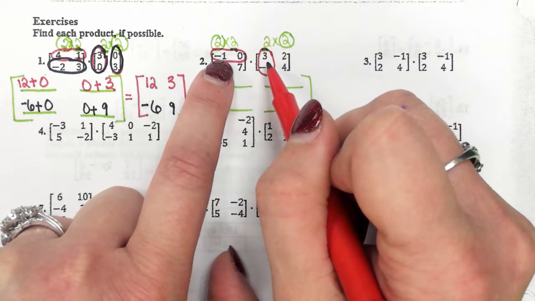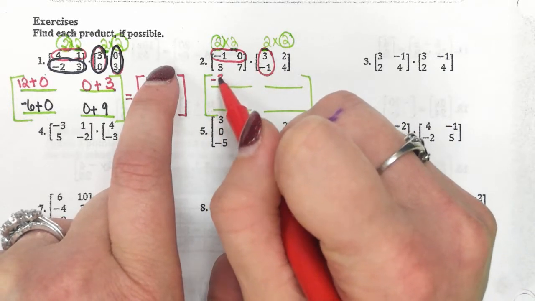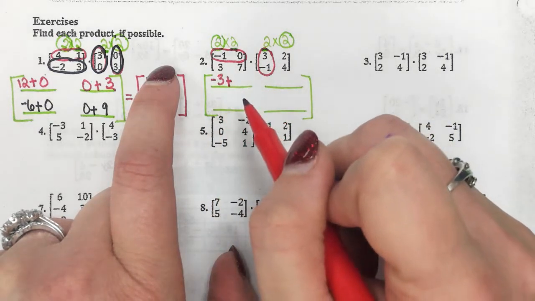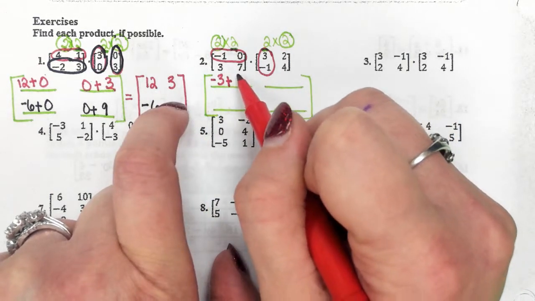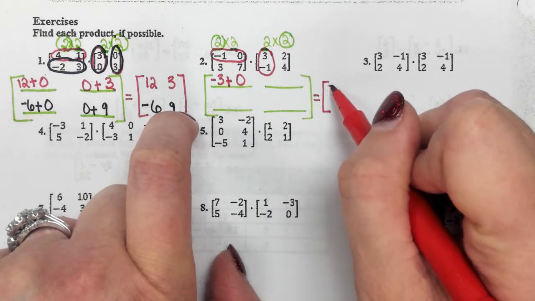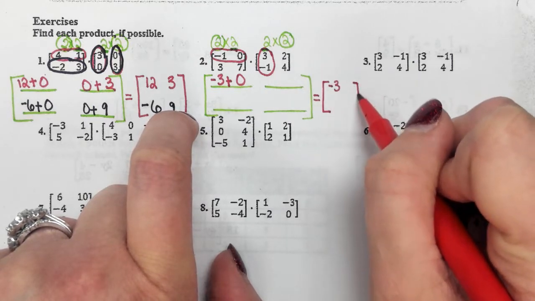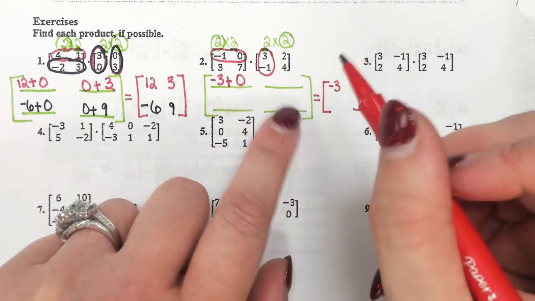Let's multiply. First number is negative 1 times 3. That's negative 3. Second one is 0 times negative 1. That's 0. Add them together and what do you get? Negative 3. You think you can try it? Not yet? Okay, let's keep going.